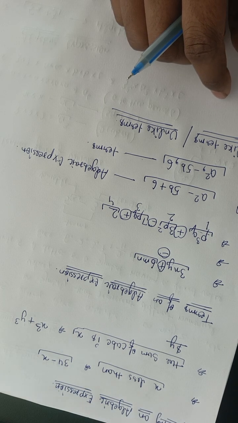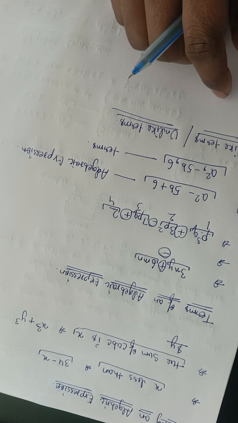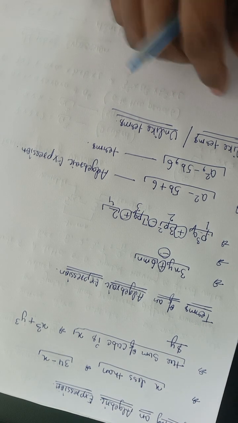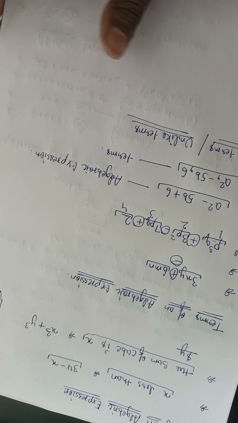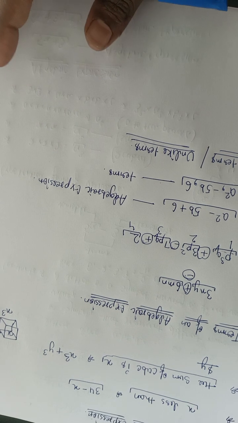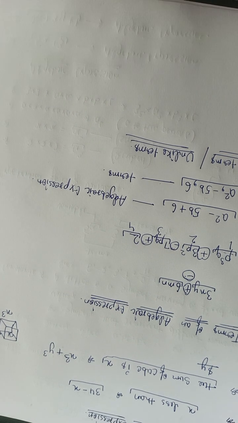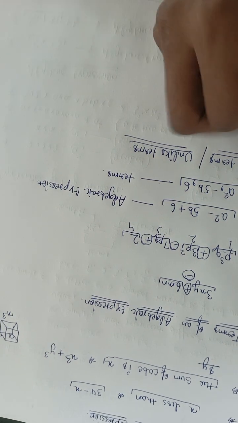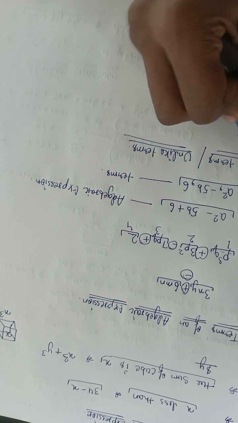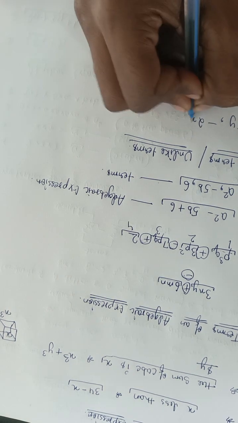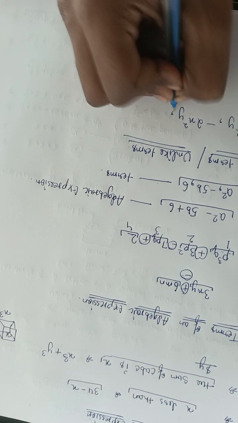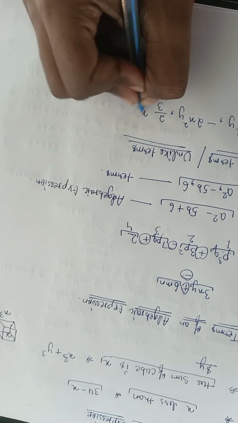The terms that are not like terms are called unlike terms. Terms having the same algebraic factor means, if we write like this, 2x square y, minus 2x square y, 2 upon 3 x square y.